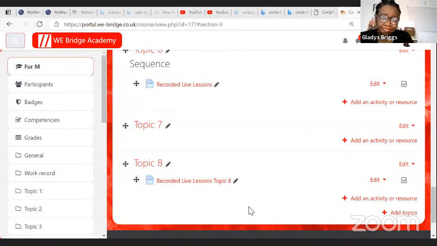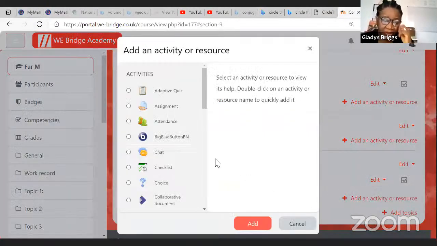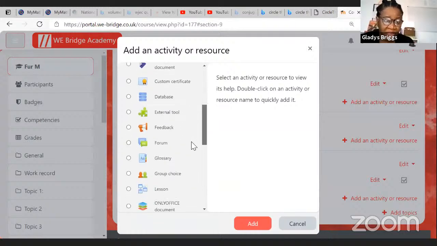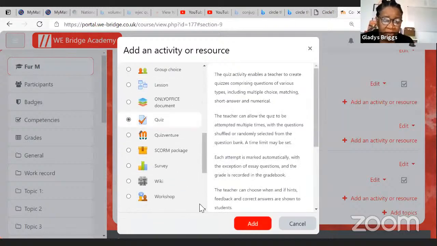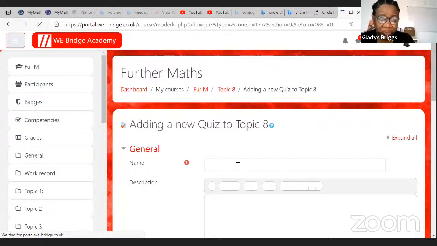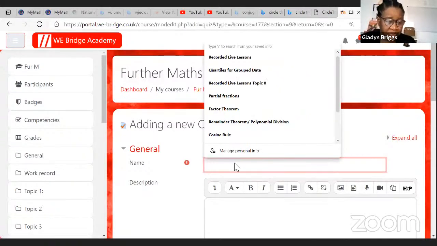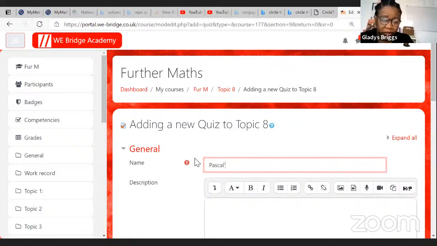Share. Okay, I'm going to add something for you guys to do for me now, please. You don't have to do it later. You can do it in the class now, so you don't have to worry about doing it later. Pascal's Triangle. Topic 8.